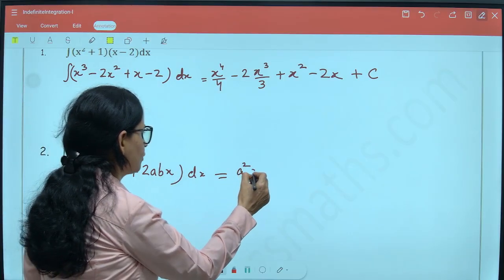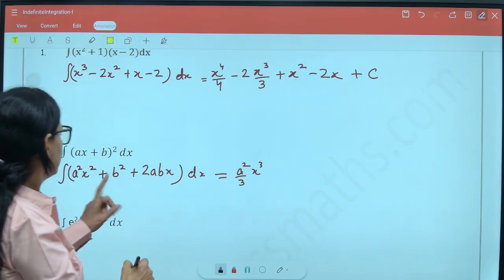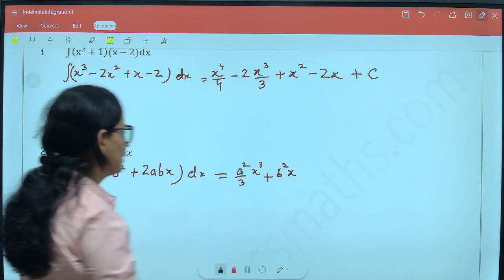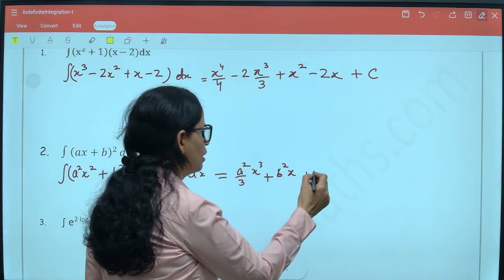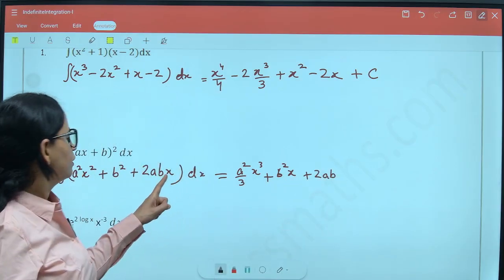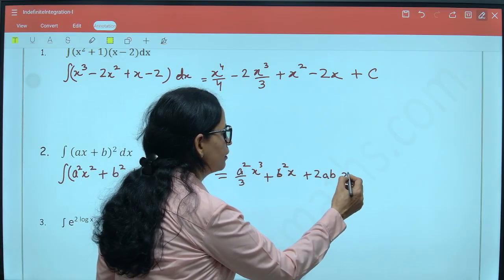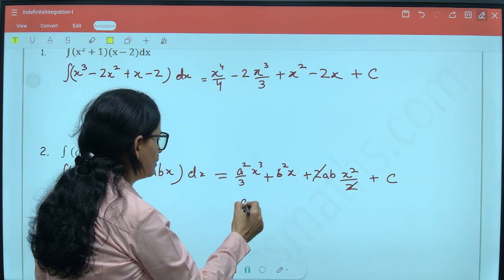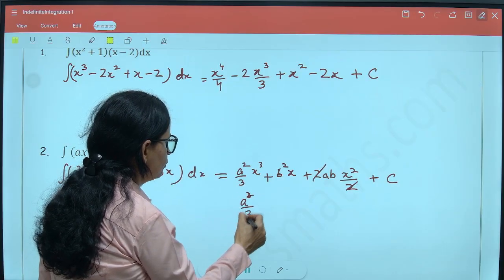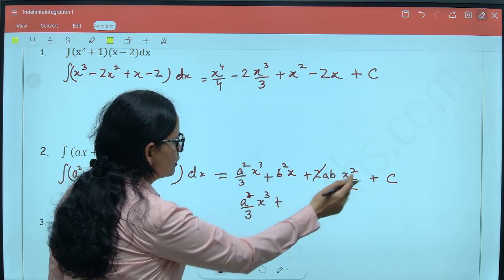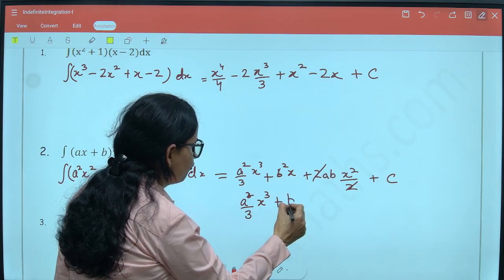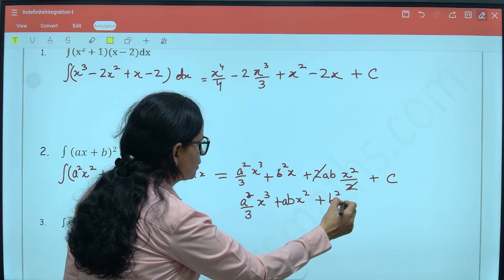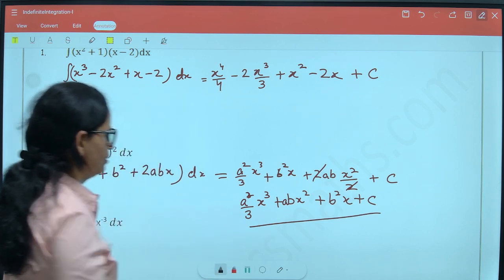The integral of x square is x cube upon 3. b square is a constant, so you write b square as it is and then you get x. 2ab is again a constant, and the integral of x is x square upon 2 plus constant. So this 2 gets cancelled. Eventually we get a square upon 3 x cube plus ab x square, in the order of decreasing power of x, then plus b square x plus c. So this is your answer.